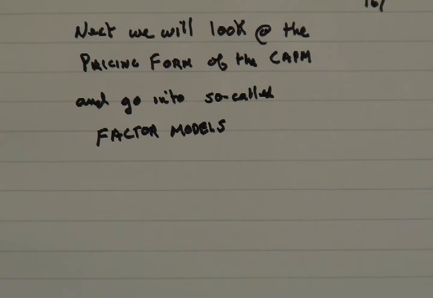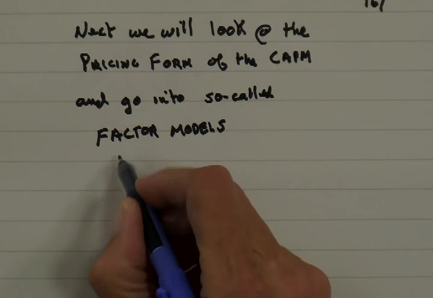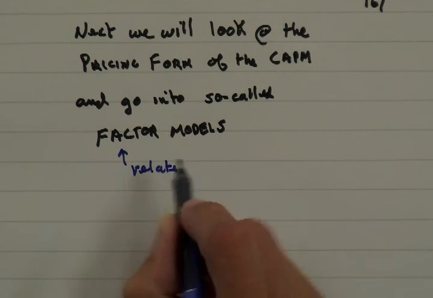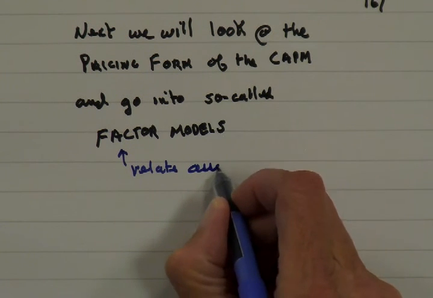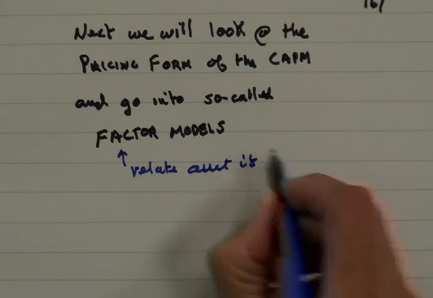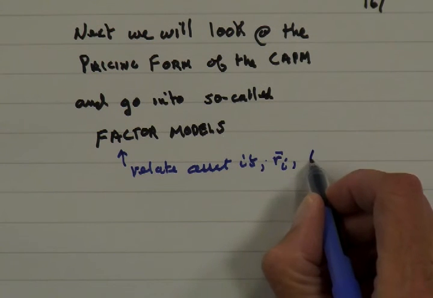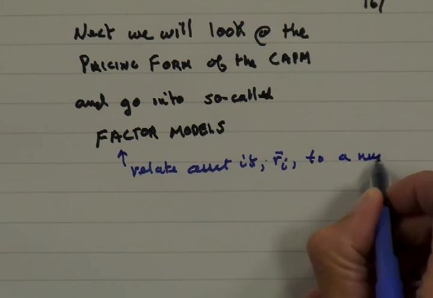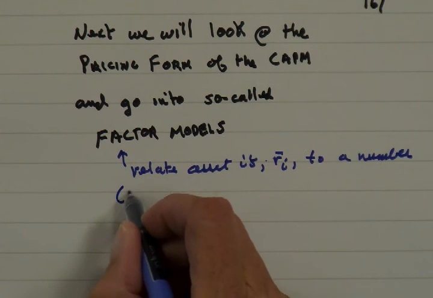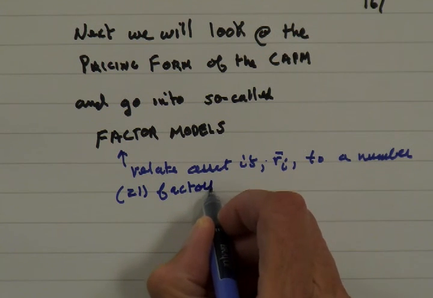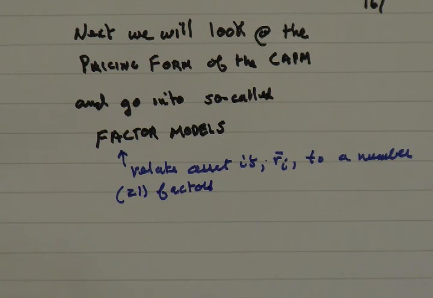In a factor model, what do we have? We want to relate the expected rate of return, asset I's R bar I, to a number, say greater than or equal to 1, of factors. And these factors can be exogenous.